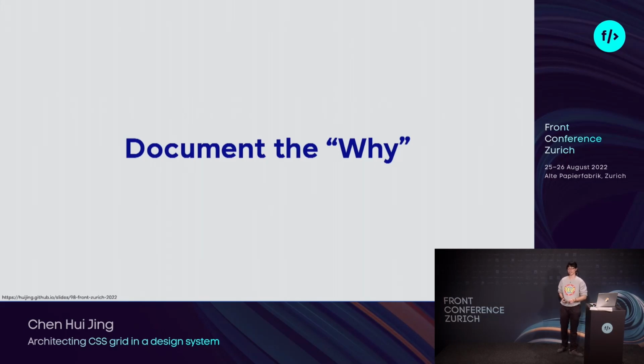Because sometimes you might find that, yes, it was really a bad idea at the time. Someone had to put something up because of a deadline or an executive breathing down their back. But then you might also discover that it was because of some constraints or some dependencies that were not obvious to you at first glance as someone new to the code base. So the why documentation is different from how documentation, because you always hear people say, oh, we didn't write the documentation because our application updates so fast.